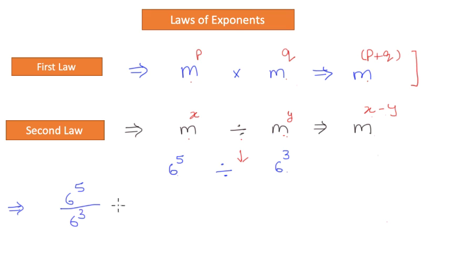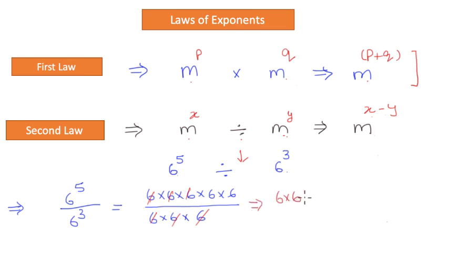If you expand these numbers, 6 to the power 5 becomes 5 times 6 multiplied together, and 6 to the power 3 is multiplying 6 three times. Now if you cancel the common factors, three 6s from the bottom cancel three 6s from the top, and what you're left with is 6 times 6, which is nothing but 6 to the power 2.